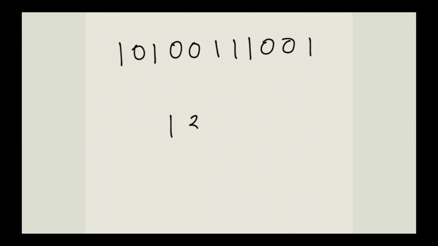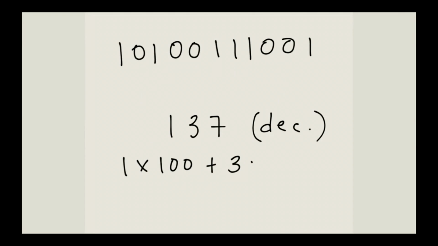But to just do a quick recap, if I have the number 137, this really means, and so again, this is in decimal representation. The number 137 in decimal means that I have 1 times 100 plus 3 times 10 plus 7 times 1.